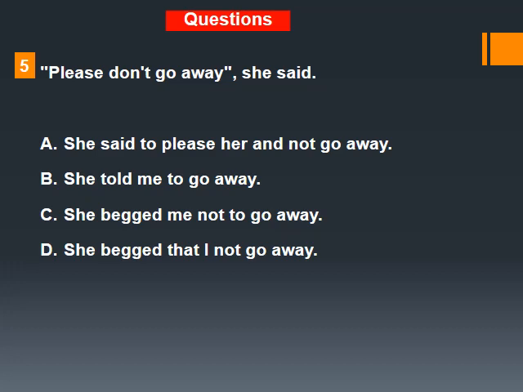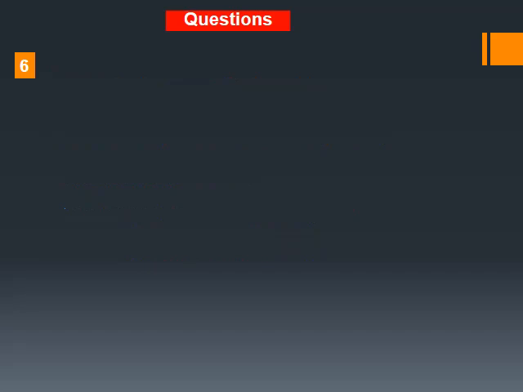So in this, what is the correct answer? No quotations, that's right. So, she told me to please not go away, or she begged me not to go away, the two better options, because the other options are not at all right. Since it is a pleading, somebody is pleading, we can say it's begging. We can always put it like, she begged me not to go away.